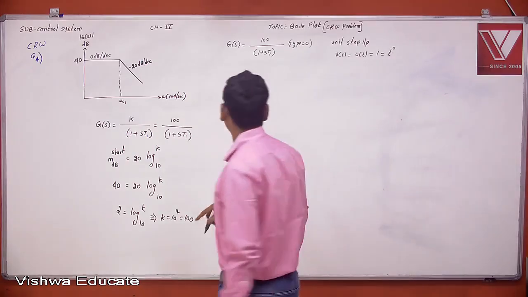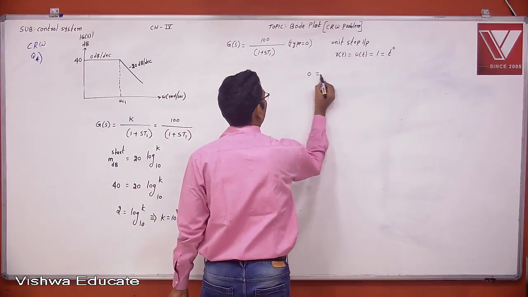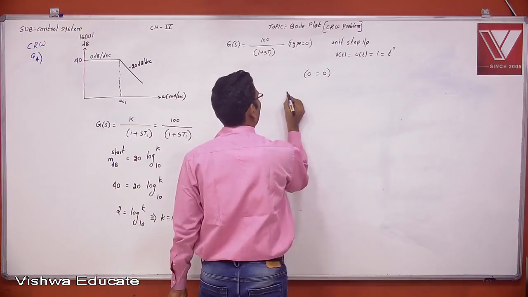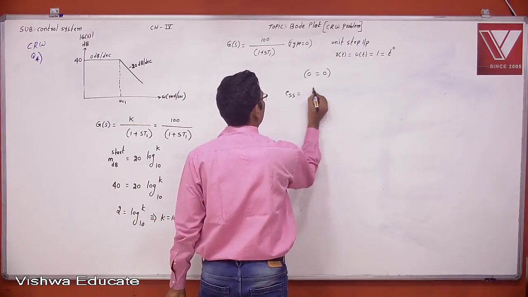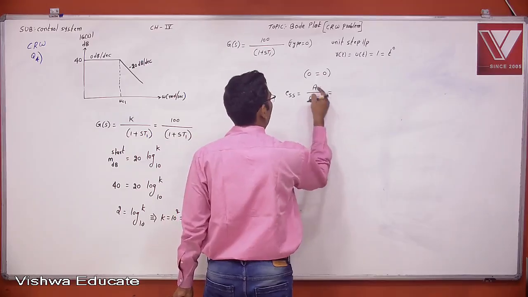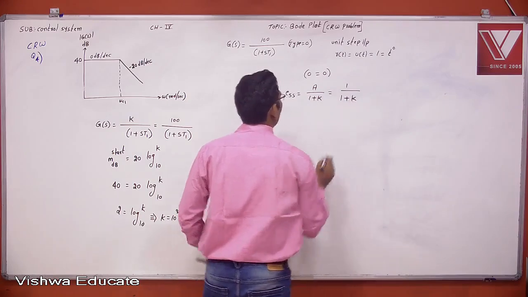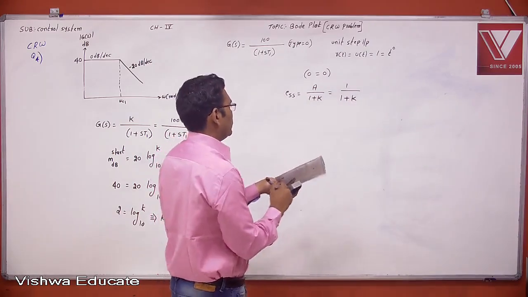You have one shortcut method. Type is 0. Power is also 0. Type and power both are same. Then what is the steady state error? This is a special case, A by 1 plus K. If you remember, unit means A value is 1. So 1 divided by 1 plus K. While calculating K, there is a shortcut method.